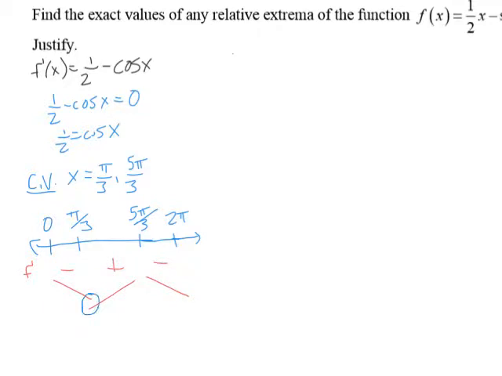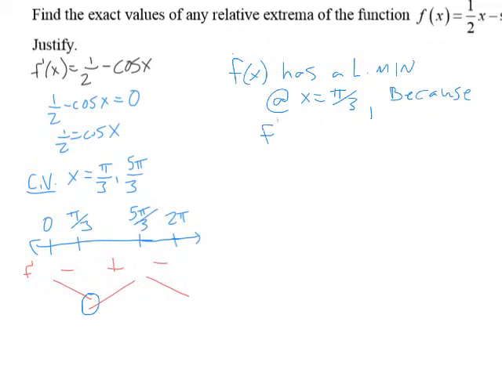So we'll write this over here. f of x has a local min at x equals pi thirds. And justifying that is because f prime of x changes from negative to positive.